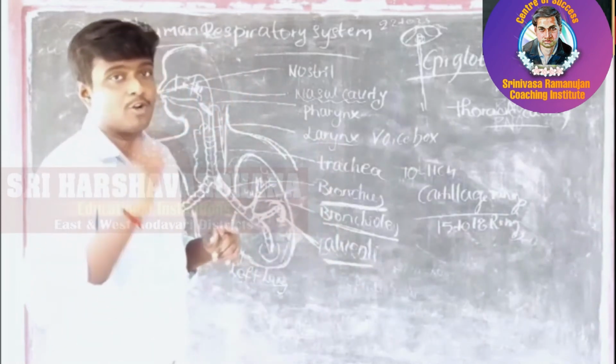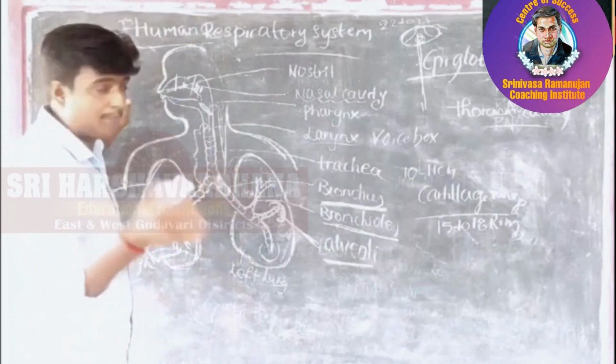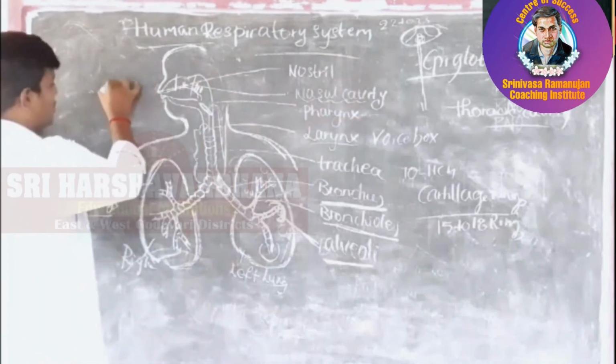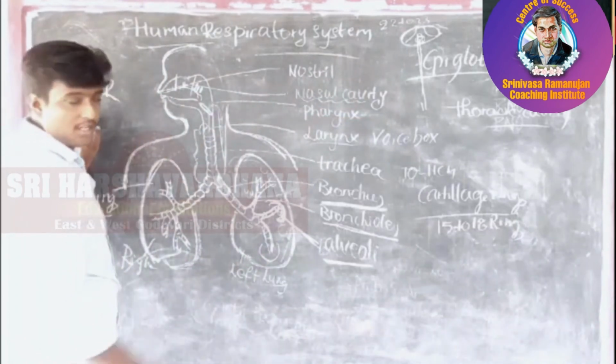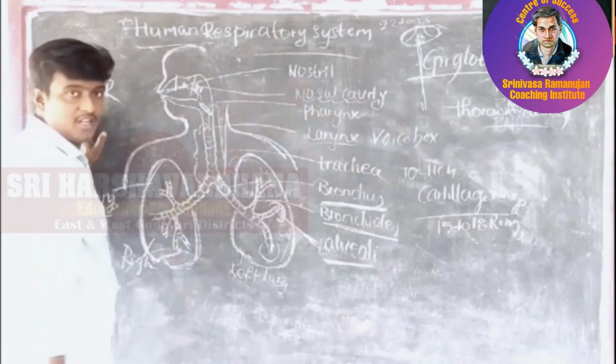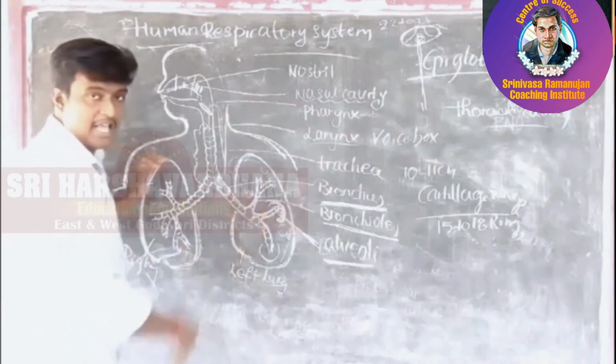So you have to keep it in your mind: from where onwards you start writing, that side is called the right, and up to where you write is the left. So always label this one as the right and that one as the left.